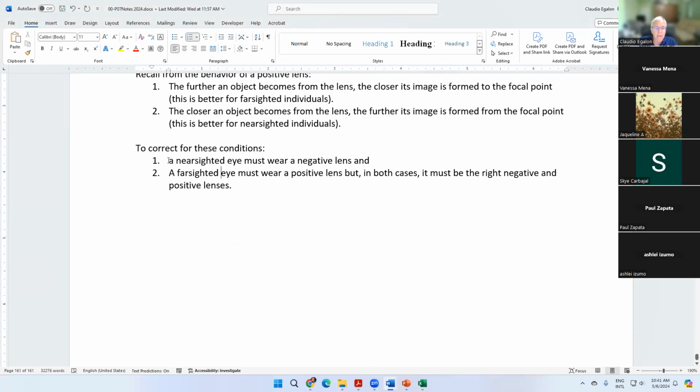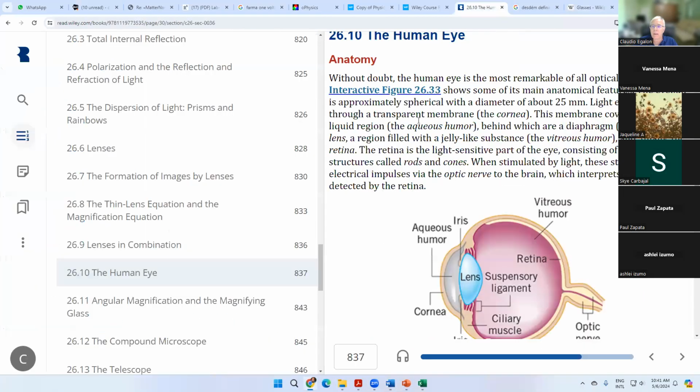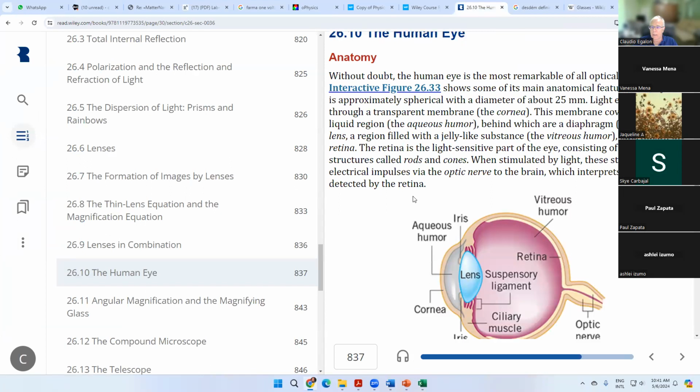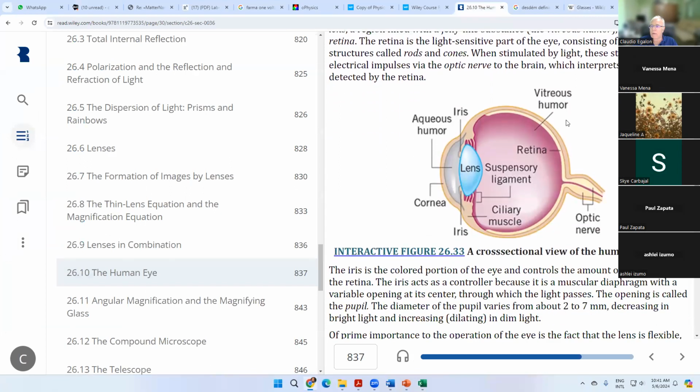Farsighted eye, a nearsighted eye. You can even see the image forming in your retina. Now here you go, the anatomy of an eye, right?